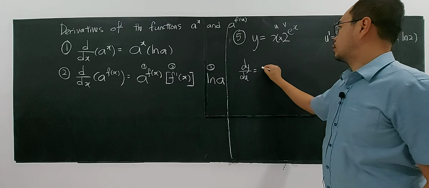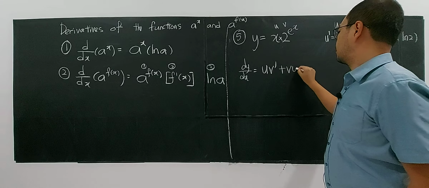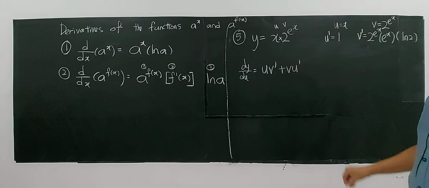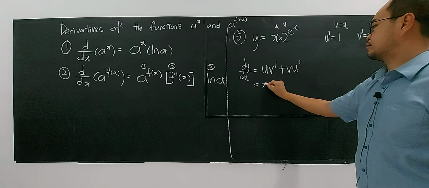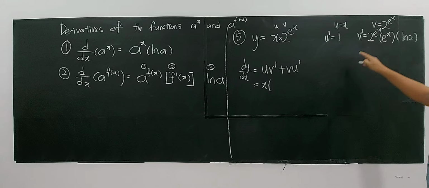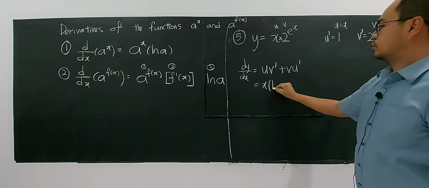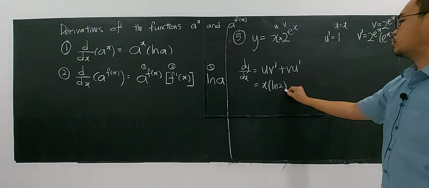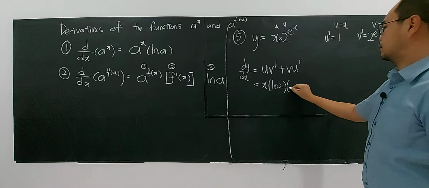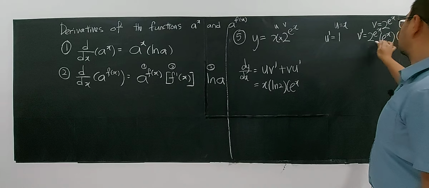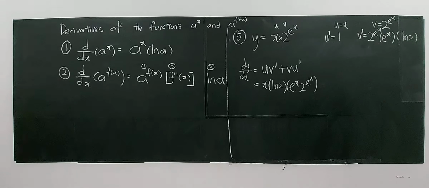You have done with all this, so you apply the product rule: u v prime plus v u prime. Your u is x, v prime is ln 2 times e^x times 2 to the power of e^x.